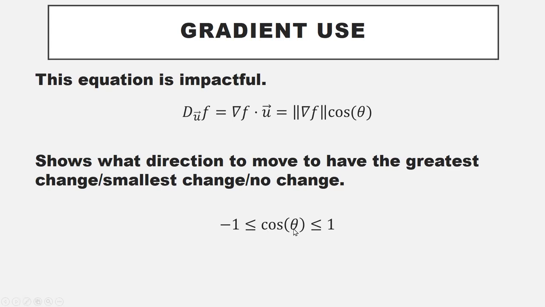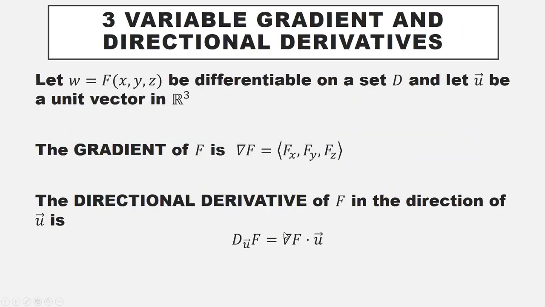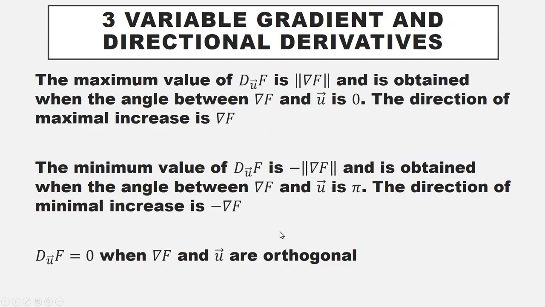And if the angle is pi over 2 or 3 pi over 2, then we end up with a cosine of 0. So that dot product becomes very handy for finding the maximum value and the minimum value of the directional derivative, finding the direction of maximum increase, finding the direction of minimum increase, and then finding where there's no change.